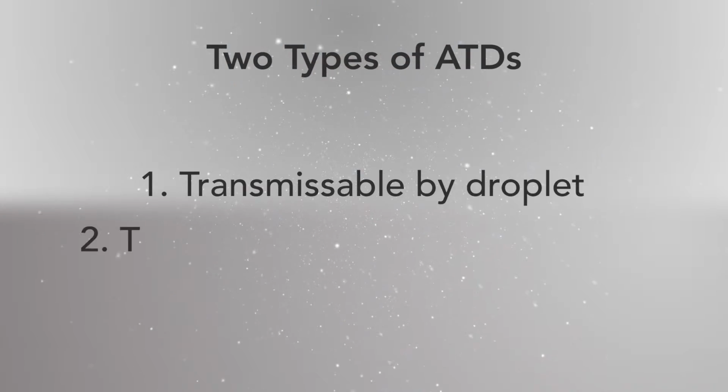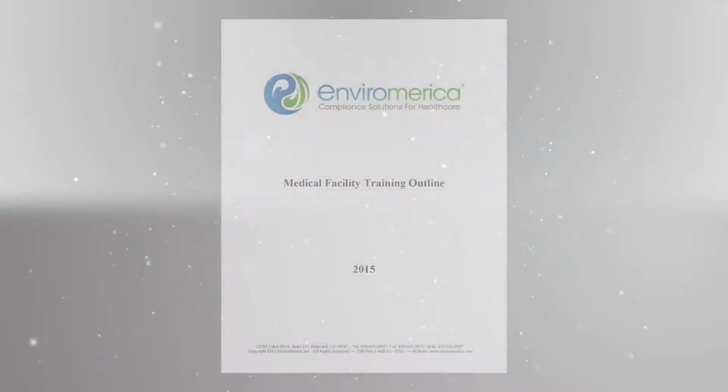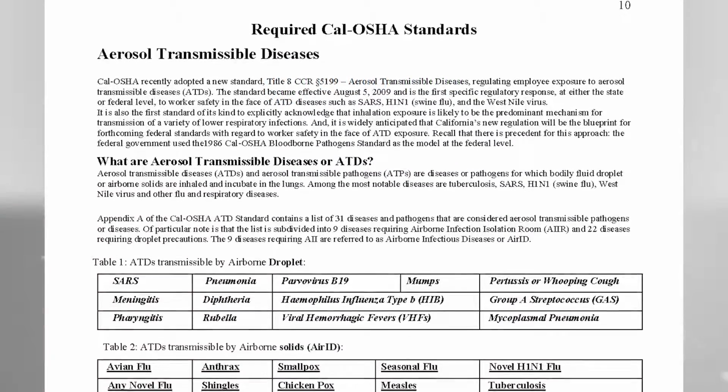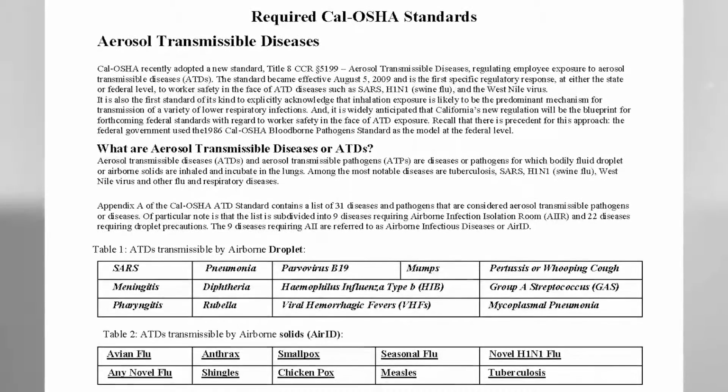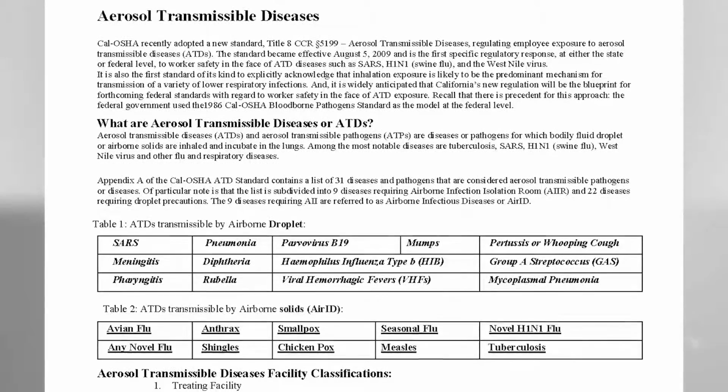If you're looking at your notes, you're going to see these two tables. One says aerosol transmissible diseases transmissible by droplet, and the other says transmissible by airborne solids. Each one has some examples of those diseases. Under transmissible by droplet, you'll notice SARS, pneumonia, parvovirus B19, mumps, pertussis or whooping cough, meningitis, diphtheria, and so on.